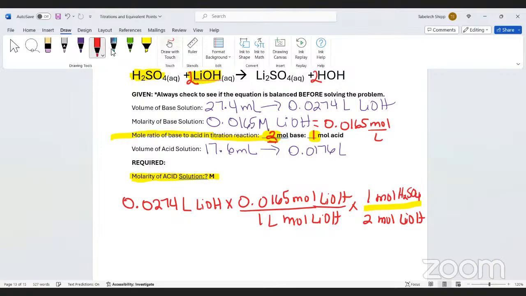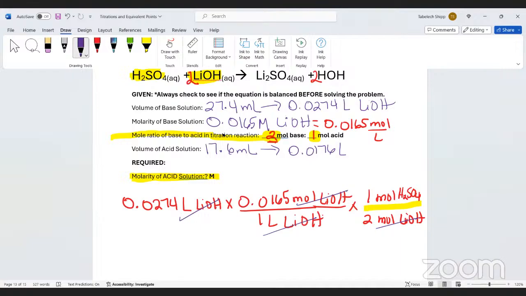Now let's go ahead and cross out things that we don't need. We don't need the liters. I wrote moles right there, trying to write fast. Sorry, y'all. We don't need the liters of the lithium hydroxide. We don't need the moles of lithium hydroxide. What's left over right here are my moles of H2SO4.